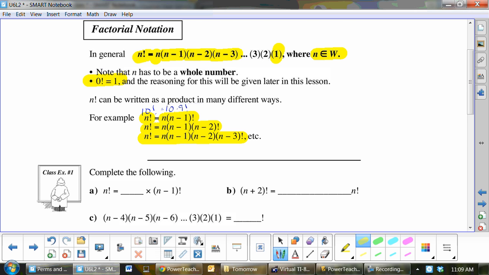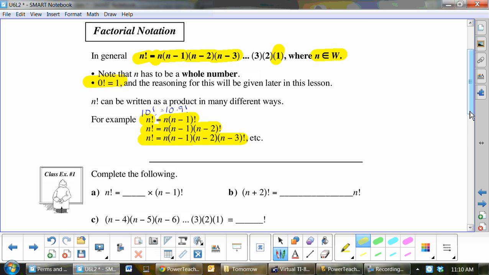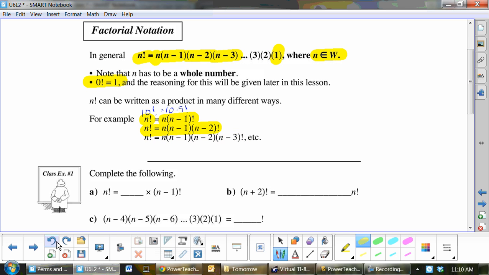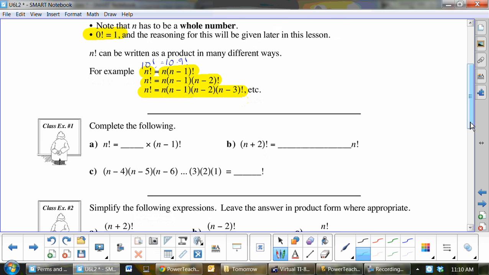Okay, let's do these next ones. Complete this: n factorial would be what times n minus 1 factorial? n. n plus 2 factorial would be equal to what times n factorial?